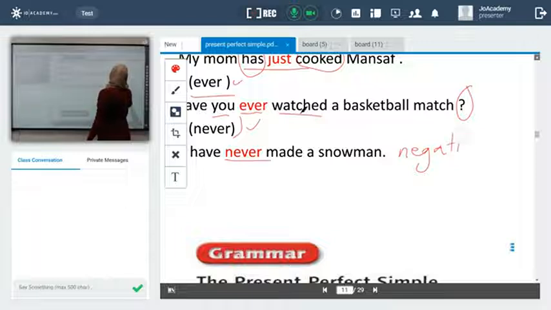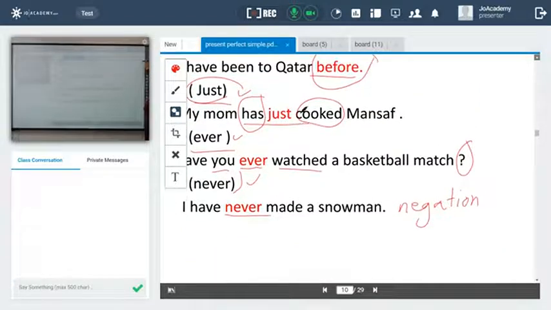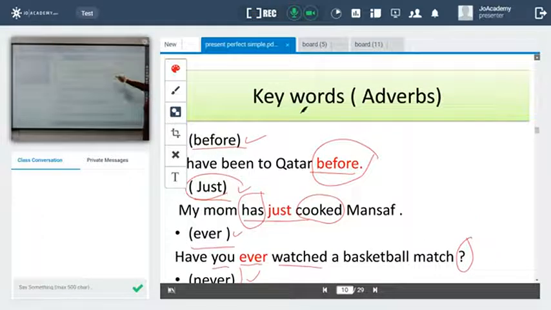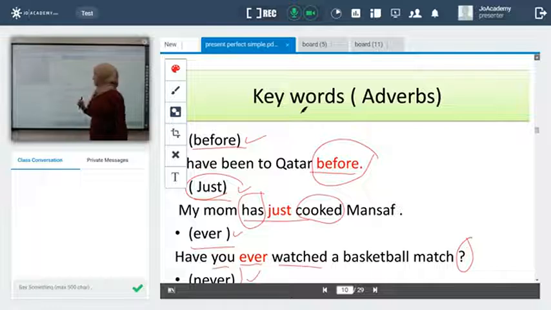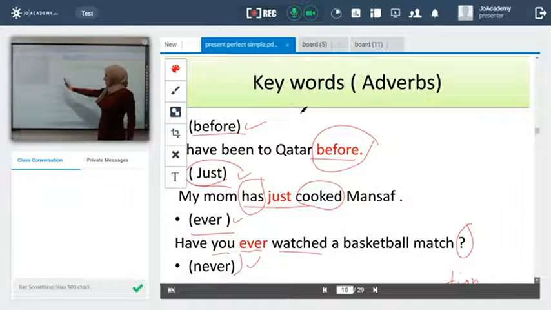So we use never for negative sentences or statements, whereas we use ever with questions. So again, these are the keywords or the adverbs that we use with the present perfect tense: before, just, ever, and never.